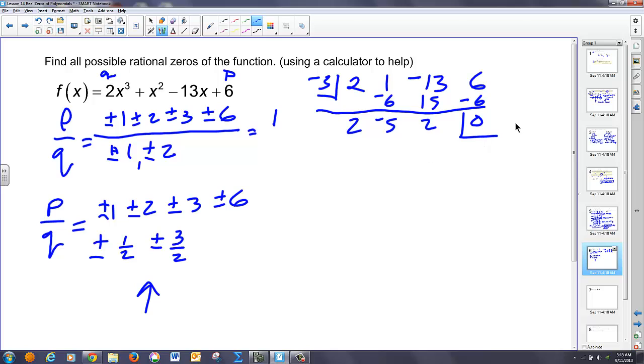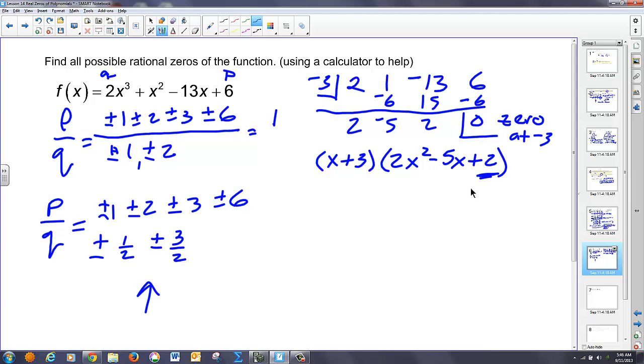Now notice, this is 0, or a root, at -3. So if I were to factor this, I would end up with x plus 3 times 2x squared minus 5x plus 2. Because my remaining factor has a 2 at the end of it, I can pretty much rule out that 6 is even going to be a possibility.